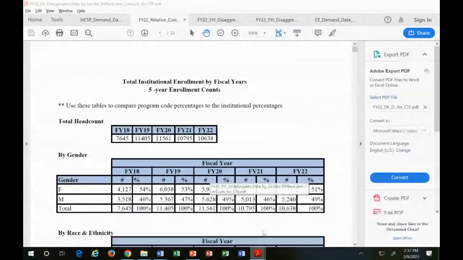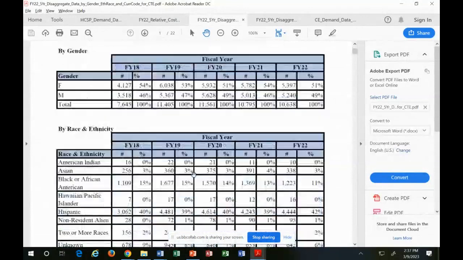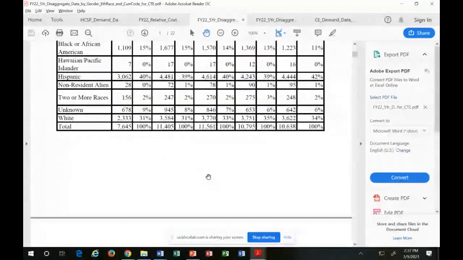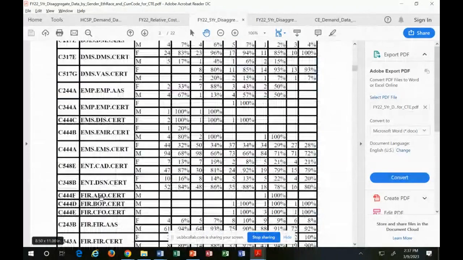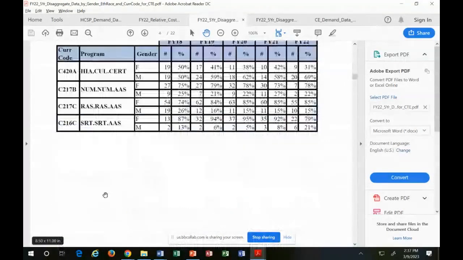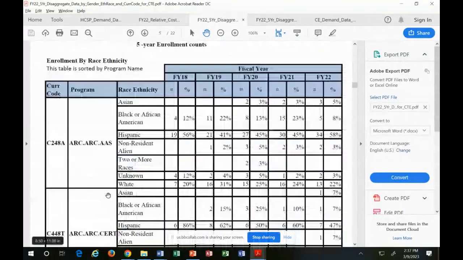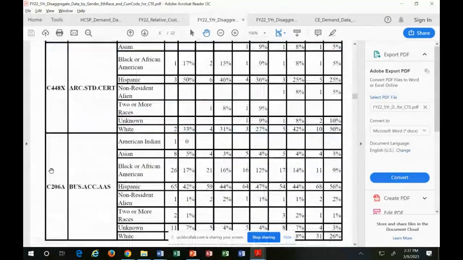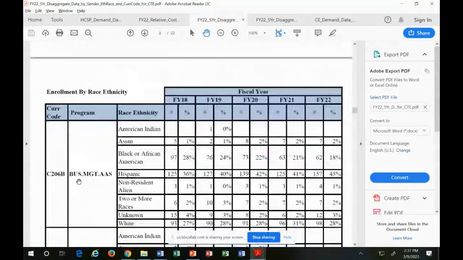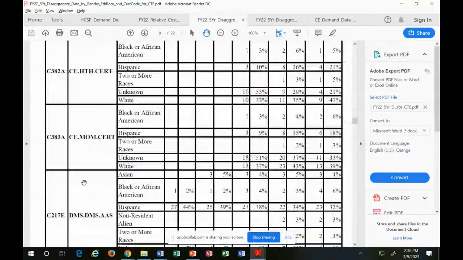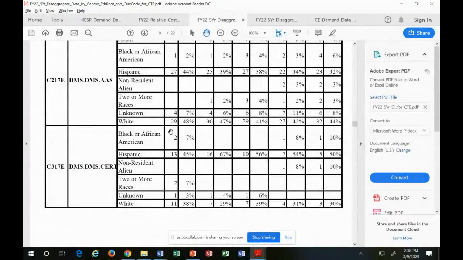and we do have the disaggregate information for this. So for example, for that program, we are going to say this is the enrollment for FY22.